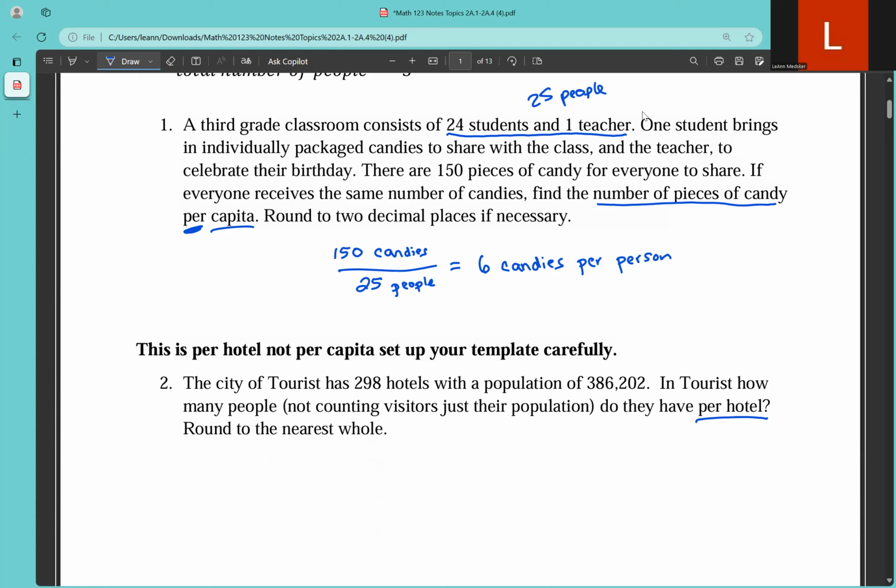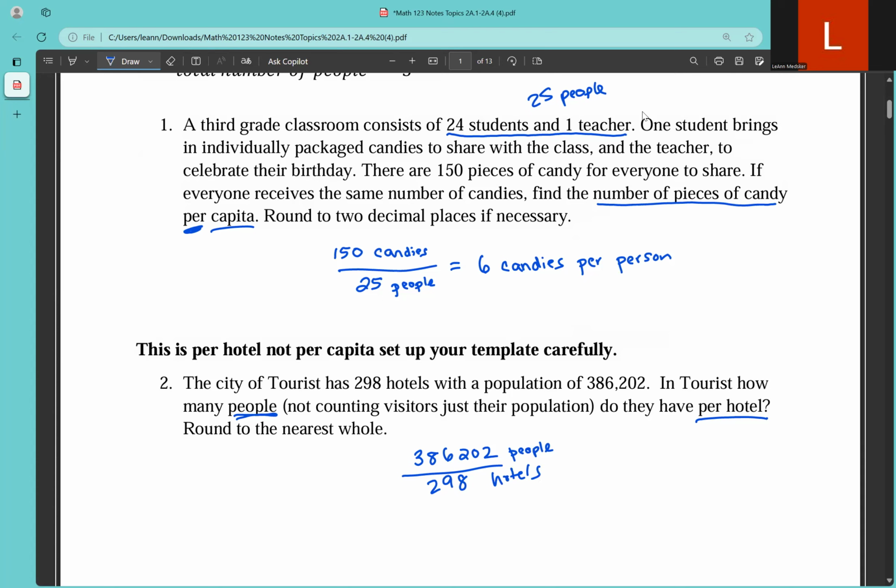It says in tourists, how many people, not counting the visitors, just their population, do they have per hotel? So we're doing the people over the hotel number. So we have 386,202. That's people. So this is not per capita because we're not dividing by the people. And then we're dividing that by how many hotels they have in the town.